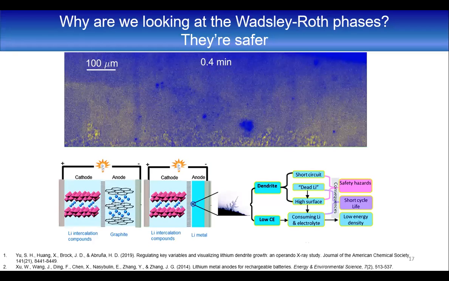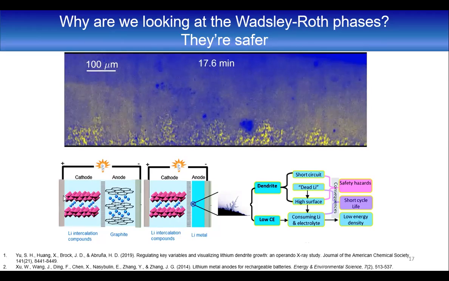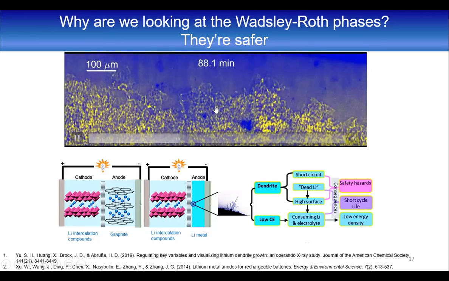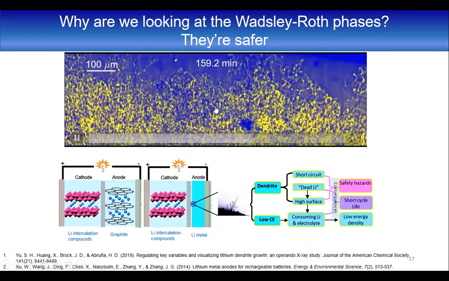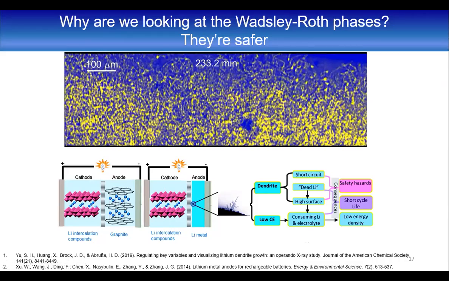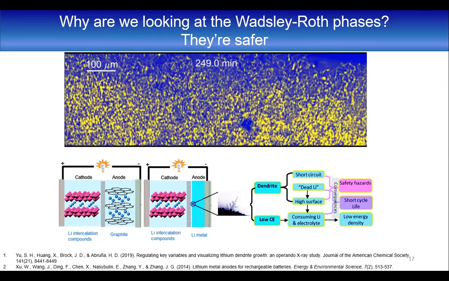And so why are we looking at the Wadsley-Roth phases? Well, for one thing, they're safer. With traditional graphite anodes, lithium dendrites may form on the anode, and these lithium dendrites have the possibility to pierce the membrane that separates the anode from the cathode. And that can lead to runaway reactions that can lead to fires or explosions.